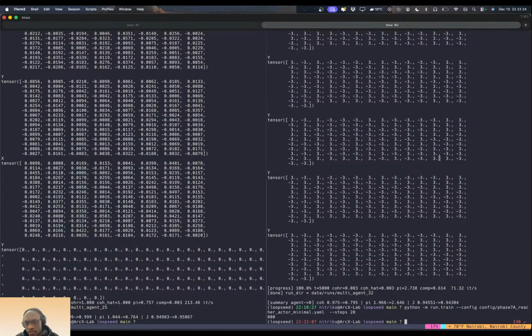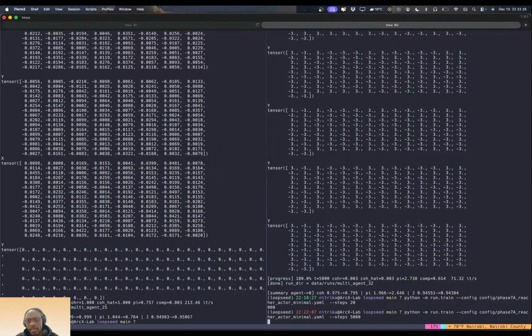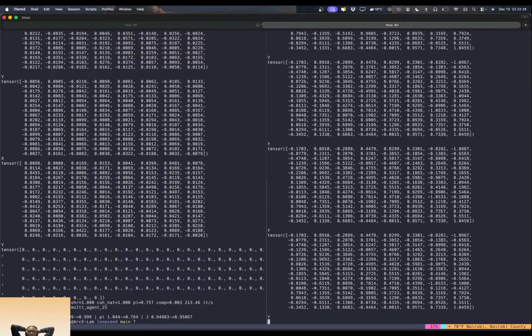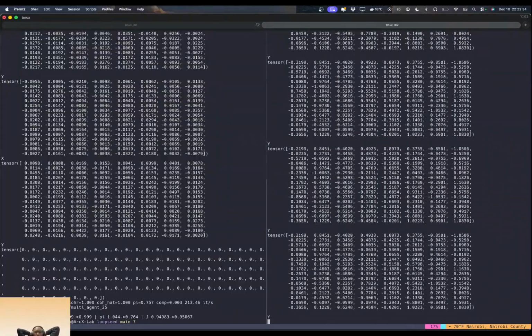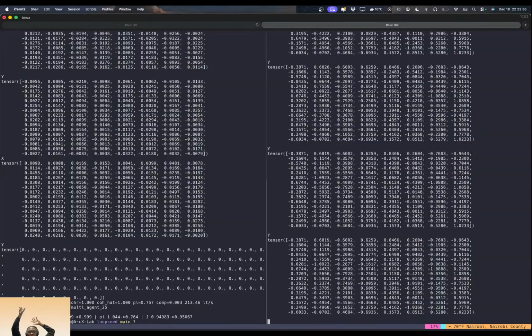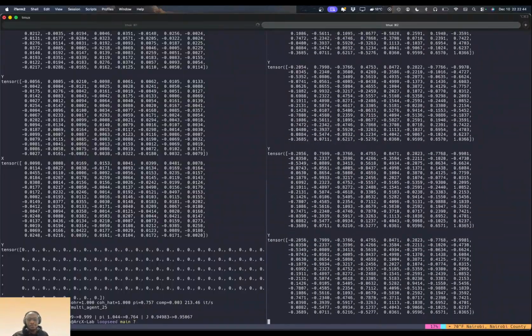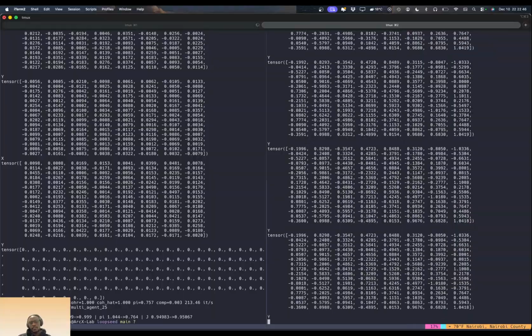False, false, false, and try again. So bandit is off, and what else is off? We reduce the learning rate, we change some parameter. It works for 5,000 steps. We want to see if it works for 20,000 steps.